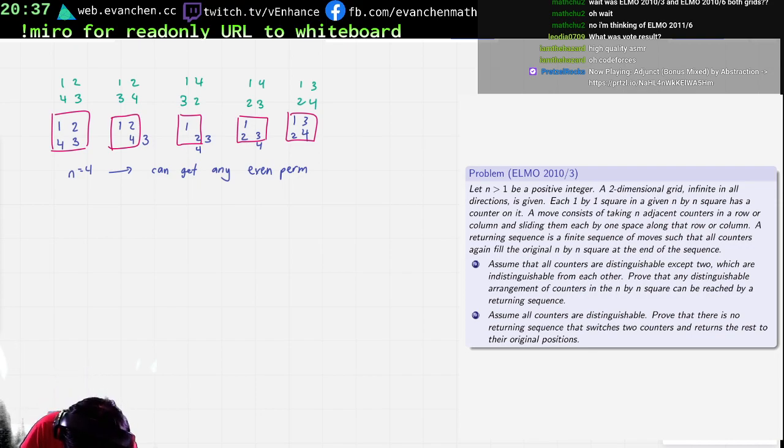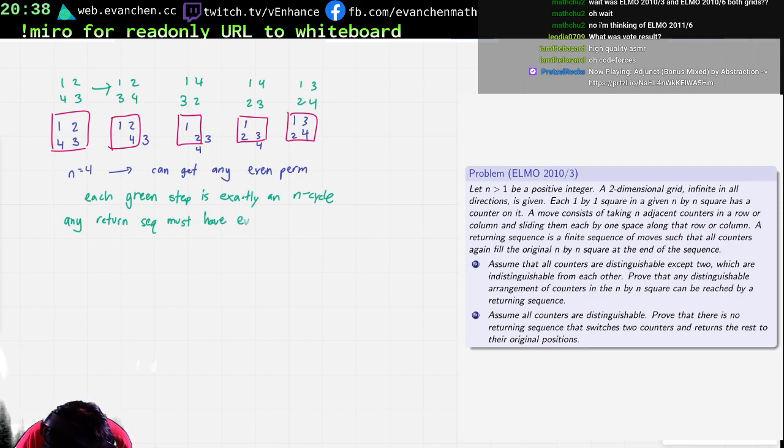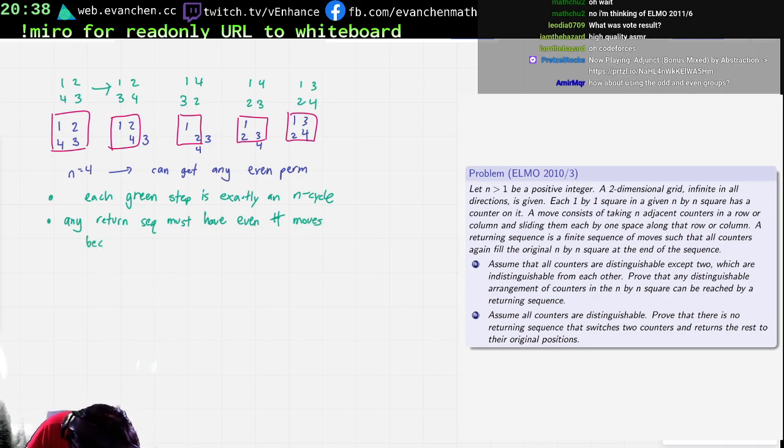So each green step is exactly an n cycle. On the other hand, any returning sequence must have an even number of moves. Because what do I say?